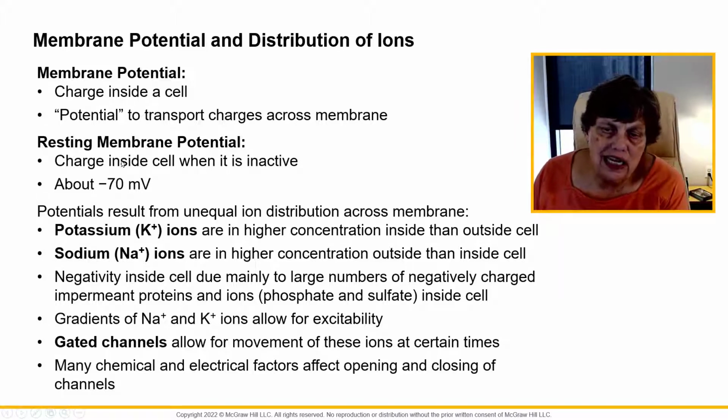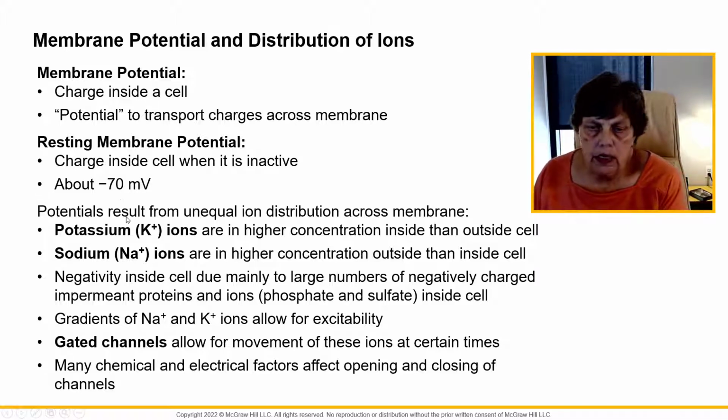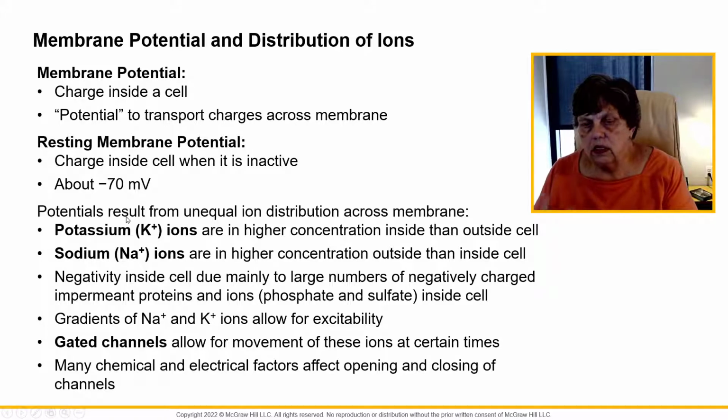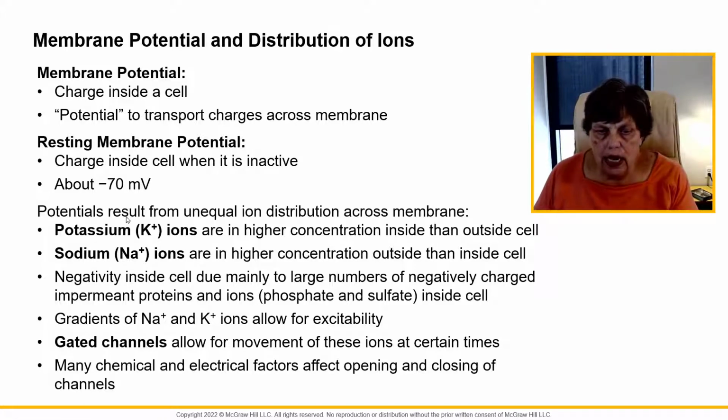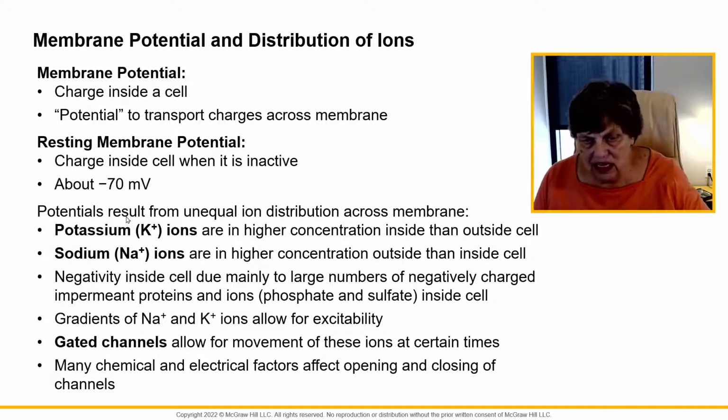So you have a resting membrane potential. The charge inside the cell when it's not active is about minus 70 millivolts. And the potential results from this unequal ion distribution. You have potassium ions and sodium ions. And like I said, it's more negatively charged in the interior.